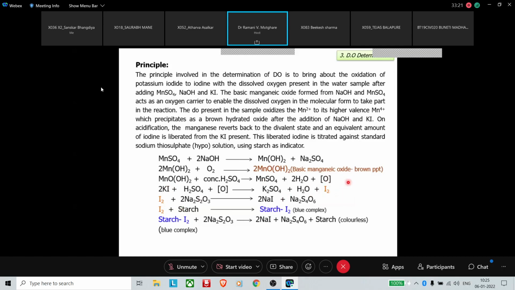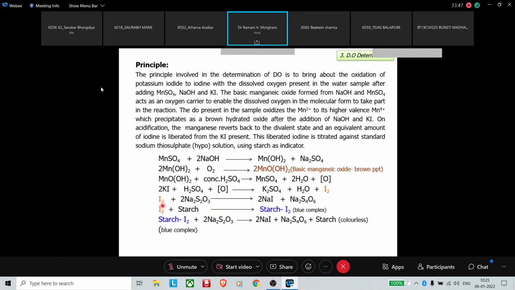Once I2 is liberated, we measure how much I2 has been liberated. How much I2 will be liberated? You are adding excess of KI, so it will release only that much I2 as that much of nascent oxygen formed. How much nascent oxygen has formed? As much of O2 is there. And we measure this I2. I2 measurement is iodometric method.